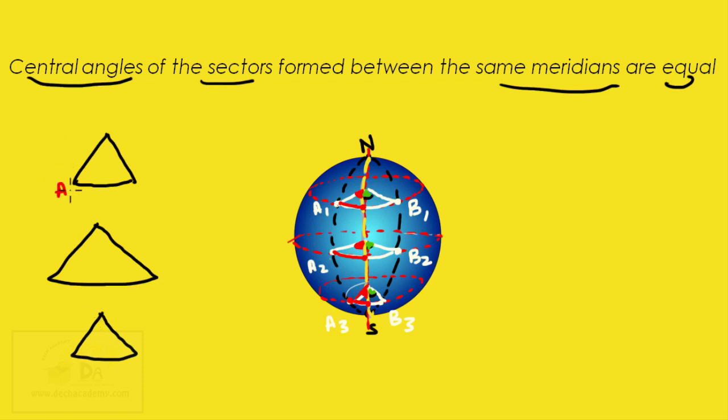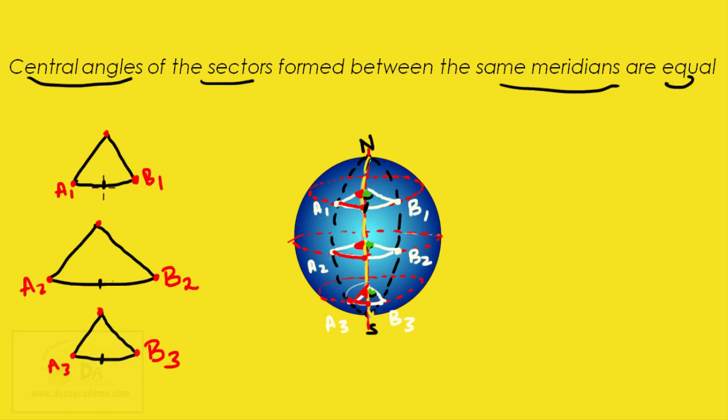So this is point A1, point A2, point A3, point B1, point B2, point B3, and these points are just the centers of the latitudes that these points lie on. Anyway, the key thing here is that the prime meridian, which is essentially this yellow line, can be represented by this line here at the center-ish.